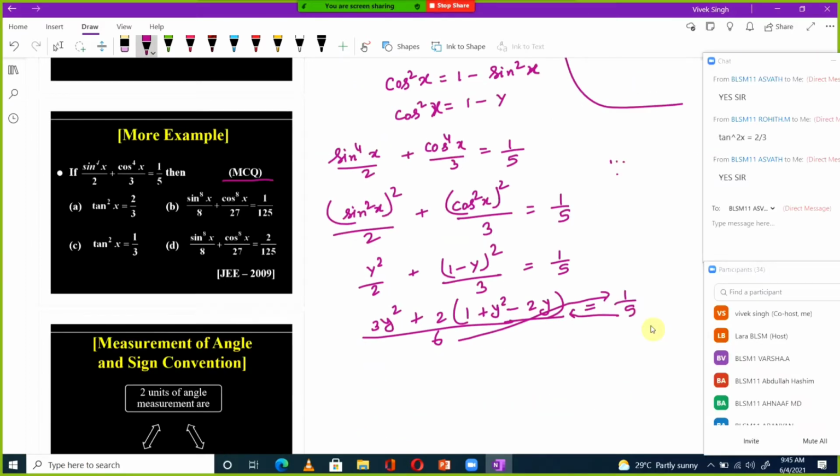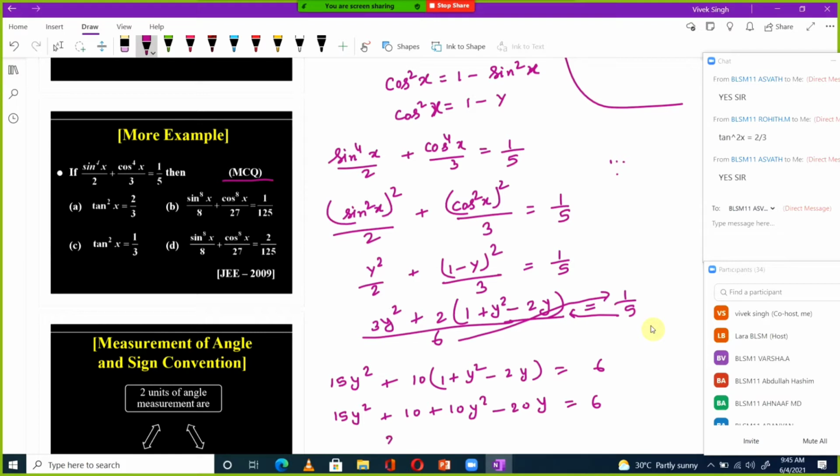So what you will get? 5 into 3 will be 15y square plus 5 into 2 will be 10 into this whole thing, 1 plus y square minus 2y, and this will be equal to 6. Hope it is clear. Now expand it, multiply this 10, so you will get 15y square plus 10 plus 10y square minus 20y will be equal to 6.